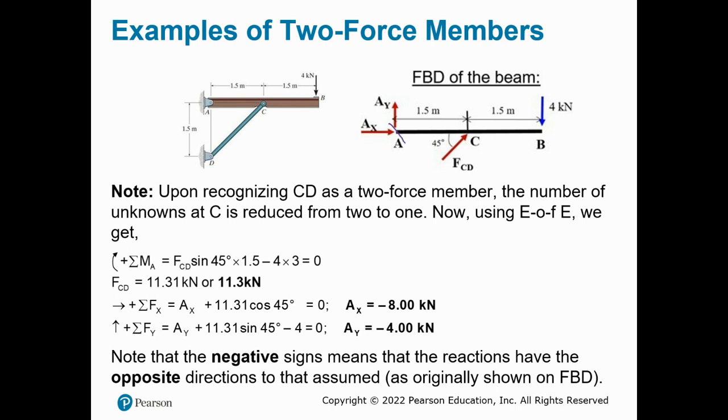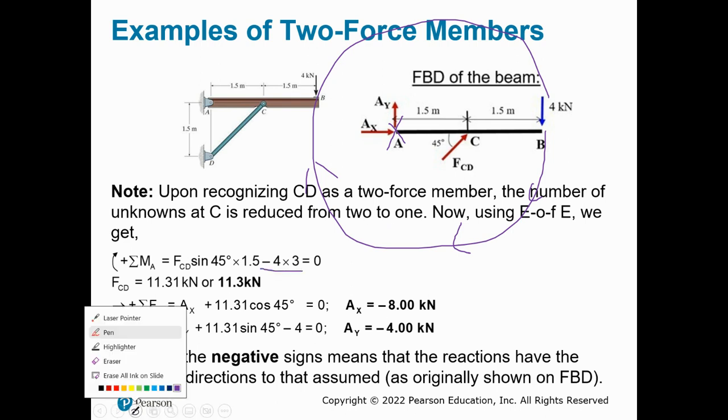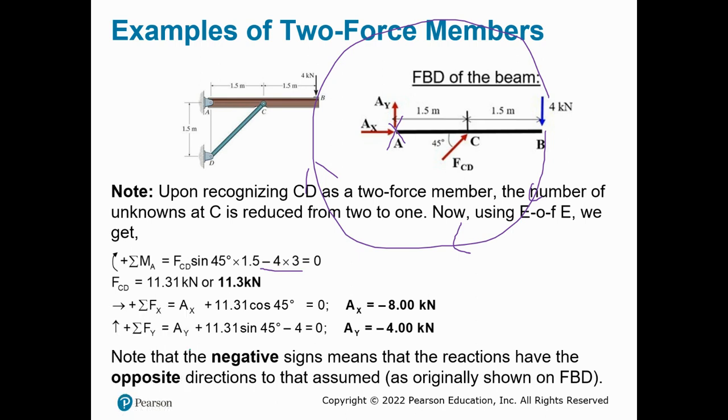We're going to write our moment equation. Summation of moment about point A says that the 4 kilonewton force is generating a moment. This is clockwise, and the moment arm is 1.5 meters plus another 1.5 meters, 3 meters total. So that's where that term comes from. The next thing is that you have that FCD. We can break that FCD into a horizontal component and a vertical component.